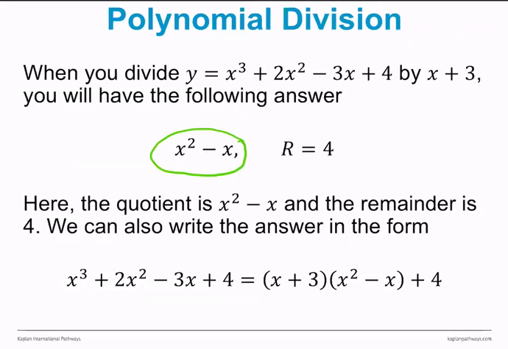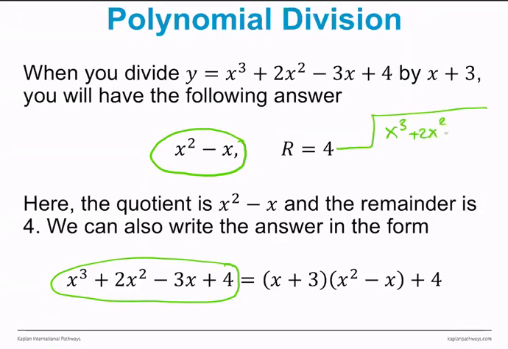We can also write it in a different way. The equation you're given in the question itself, you can write it as the multiplication of the factors. So when we are dividing x cubed plus 2x squared minus 3x plus 4 by x plus 3, that means x plus 3 is one of the factors.